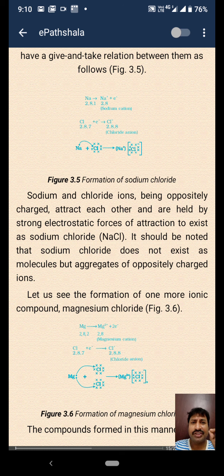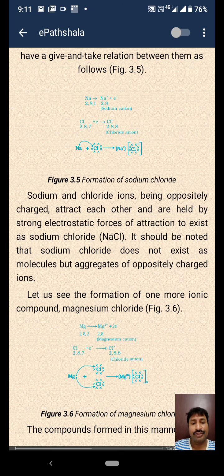And dot structure, whenever they ask for the dot structure, you have to draw the valence electrons. What is the valence electron? The number of electrons present in the outermost shell of the atom is called the valence shell.